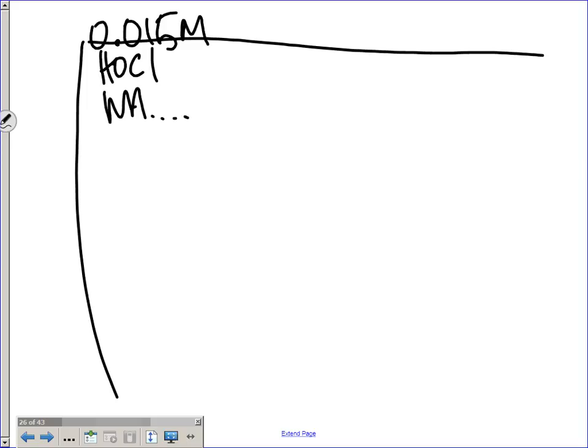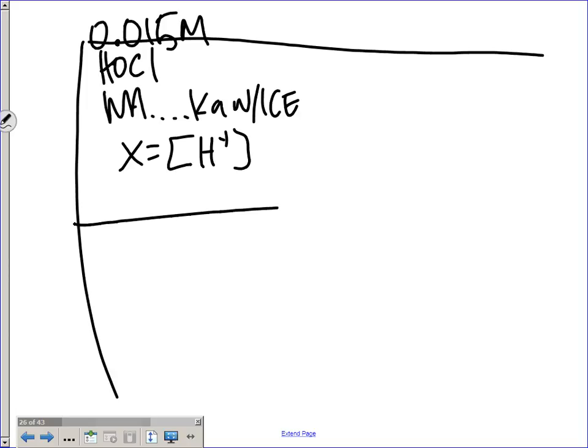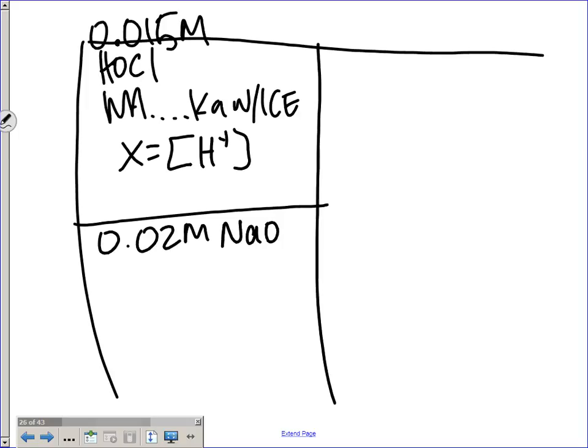If you have a weak acid, how do you solve its pH? Okay, so you use a Ka with an ICE box. Solve for X, and X is equal to the concentration of hydronium or H+, plug in pH, you're done, okay? So the next box had 0.02 molar sodium hypochlorite.